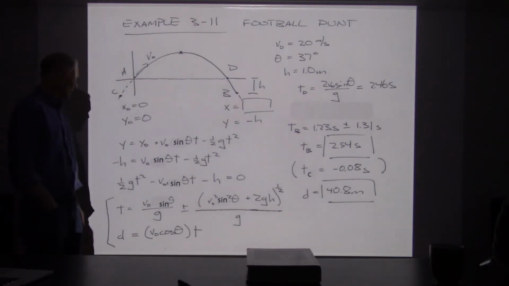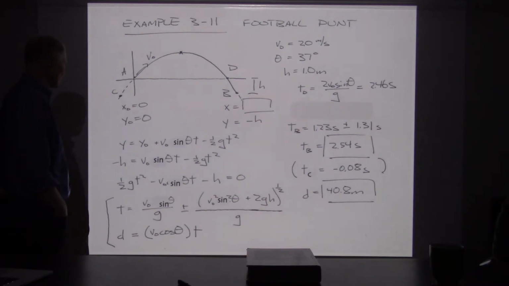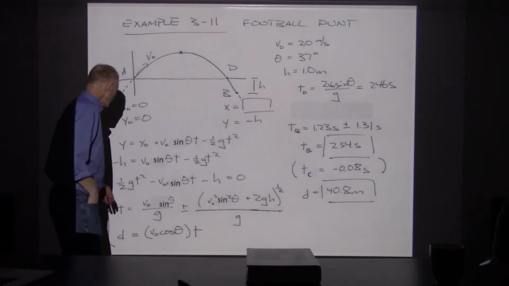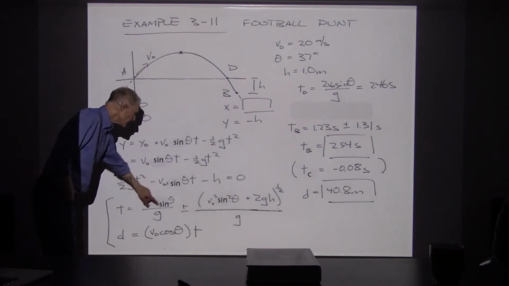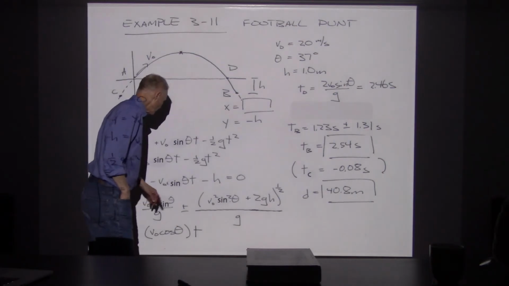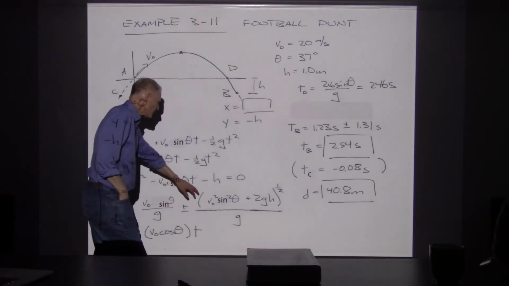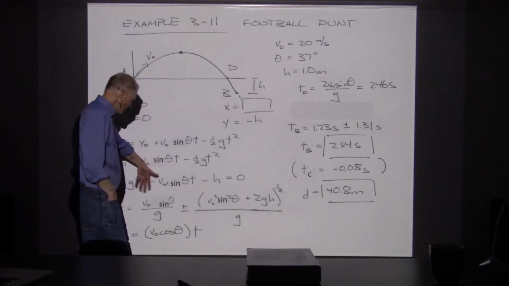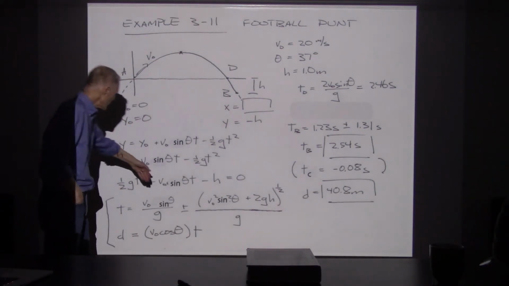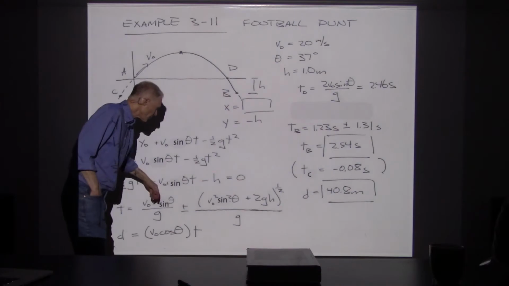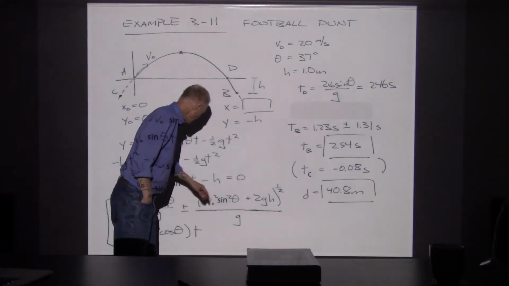And then I used the same approach that I used before. I've got a v naught sine of theta here, plus or minus, over g, plus or minus v naught squared. Sorry, some of this I set up, it's not quite aligned the best, but I think that's working.